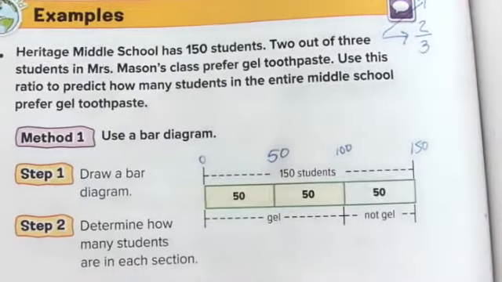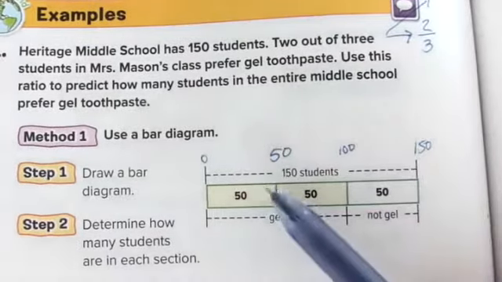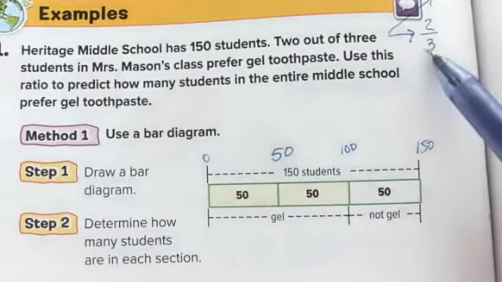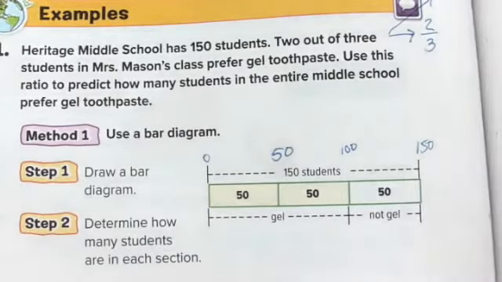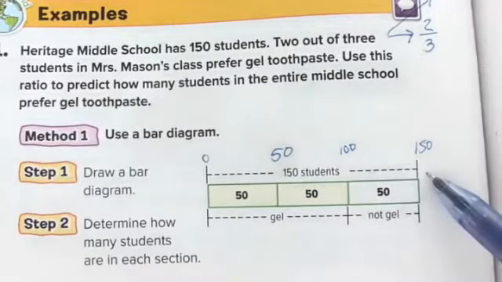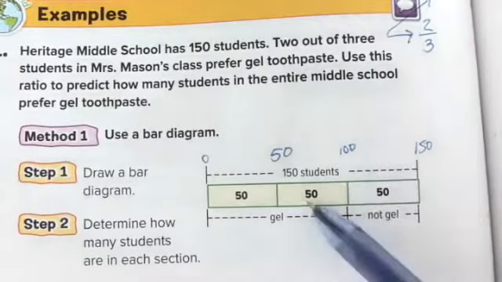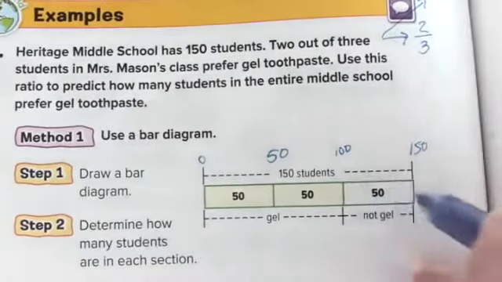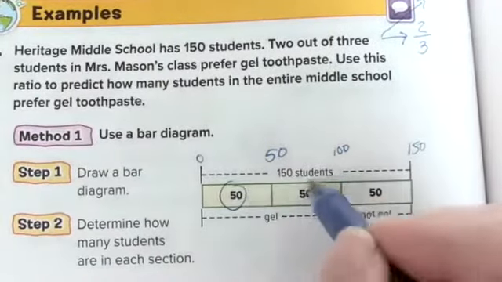The reason we chose 50 was because 50 goes into 150 3 times, and we knew we were looking at 2 out of every 3 students. So then we can take our 150 and break it up into 3 groups, 50, 50, and 50. And then 2 out of those 3 would be this one and this one.